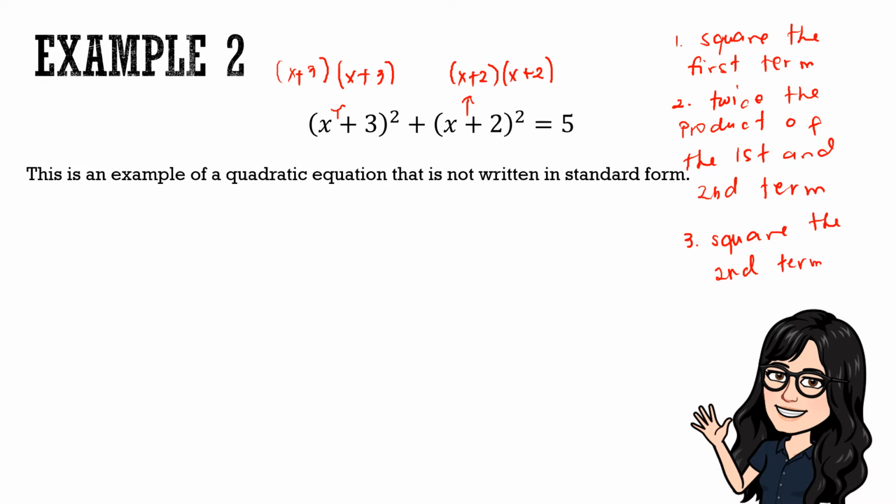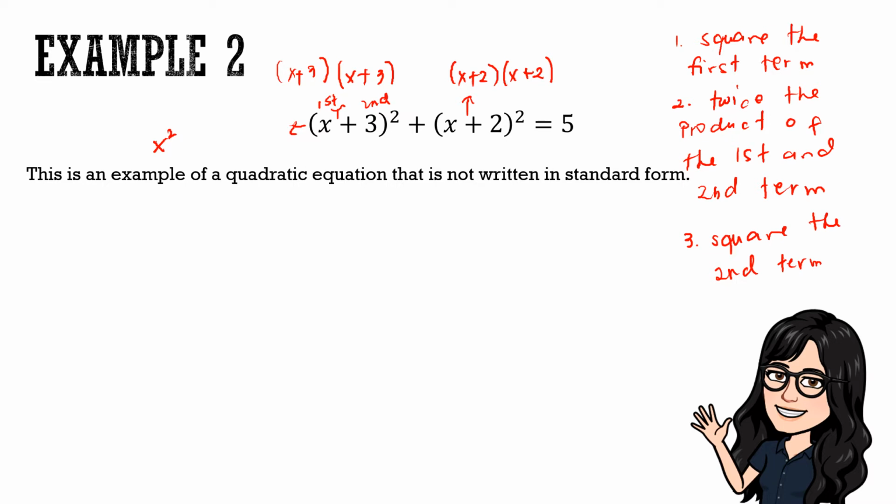Now, in this case, as we apply the steps in given x plus 3, again, this is your first term and this is your second term. Let's square the first term. That means x times x, we have x squared. Next, twice the product of the first term and second term.